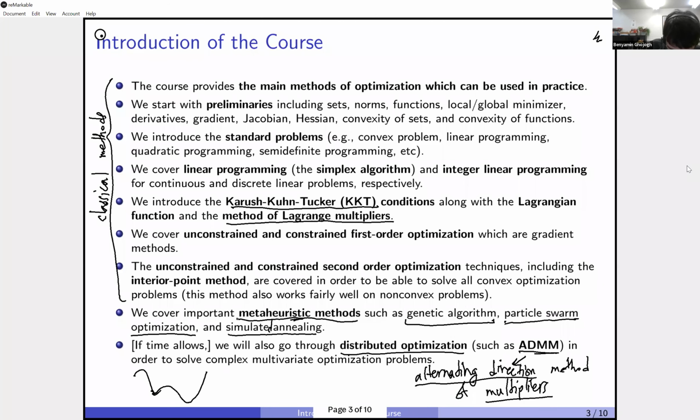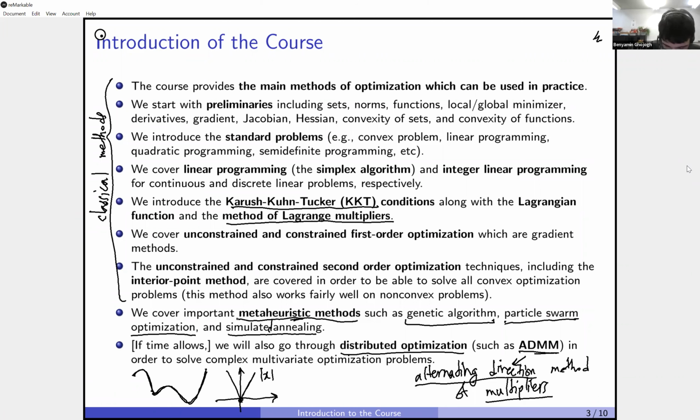So it's smooth everywhere. But what if it's like this? Here it's not smooth, like the absolute value function. The absolute value function is like this. At 0, this function is not smooth.